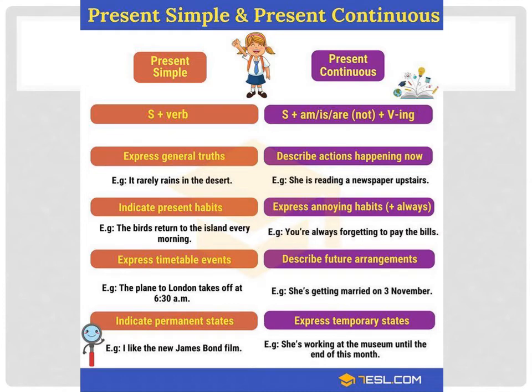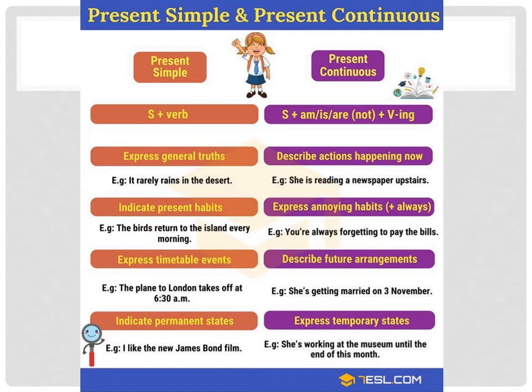Okay, now we use present continuous first to describe actions that are happening now. For example, she is reading a newspaper upstairs. So now she is reading. Or for a more real example, I am teaching you right now. So what is happening now?